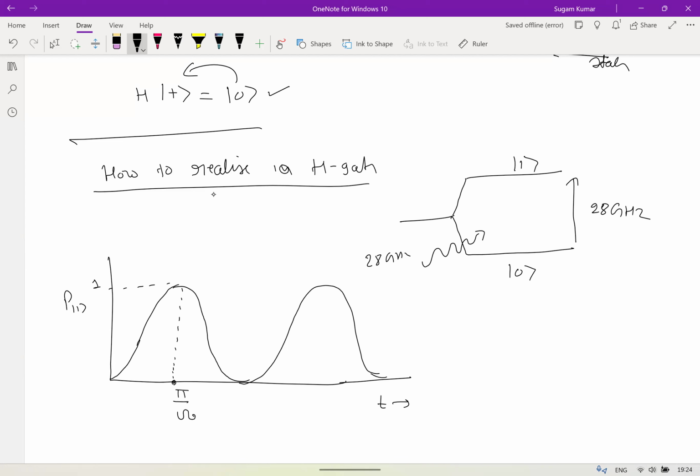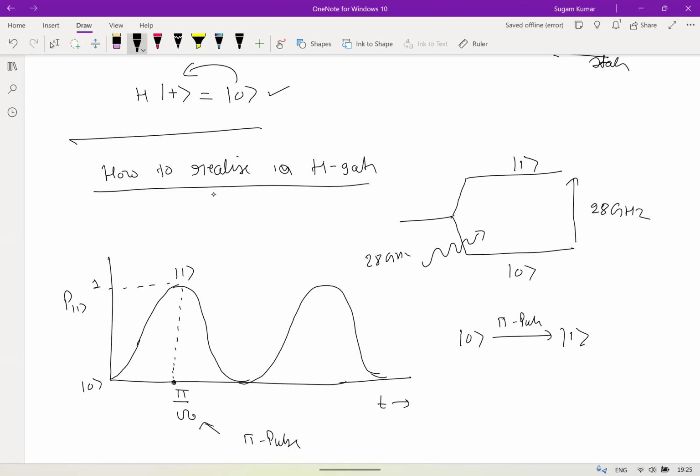So at this time, the probability will be to get, tell me. That is called a pi pulse, no? So when you apply a pi pulse, what will you get? Spin inverted. Exactly. You are going to get 0 to 1.